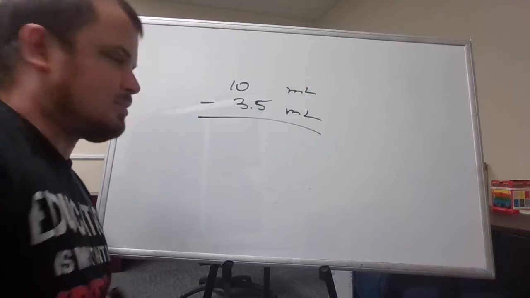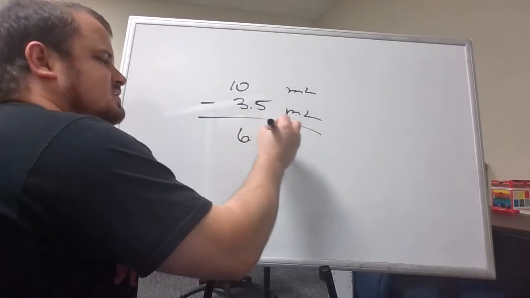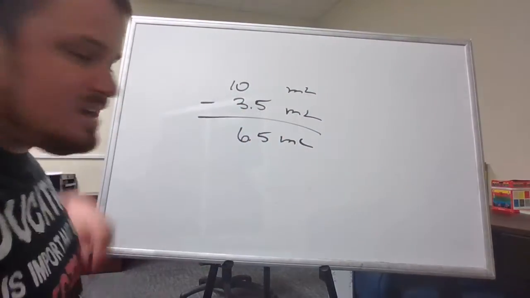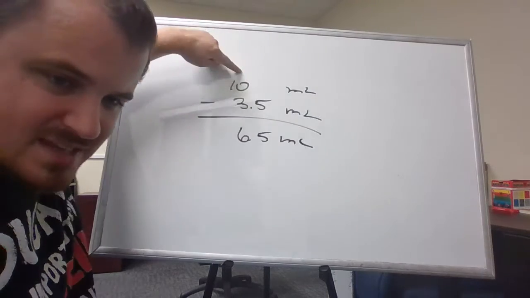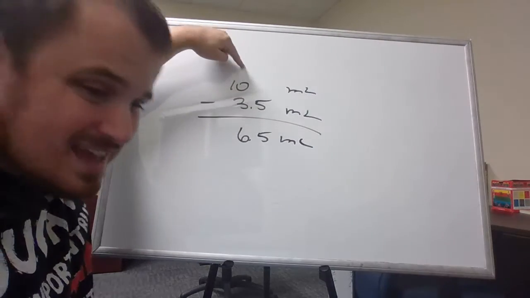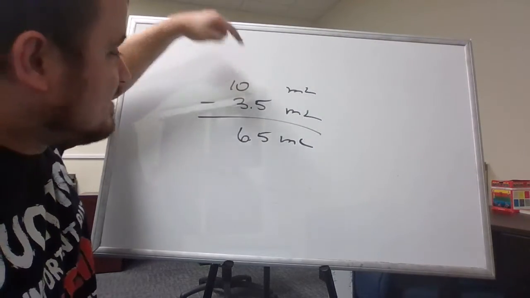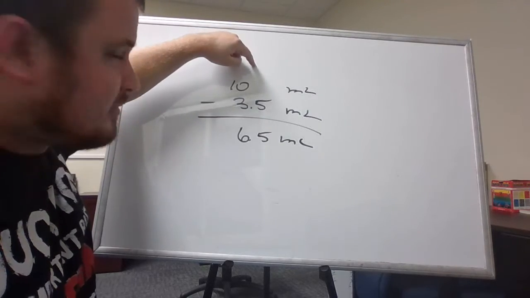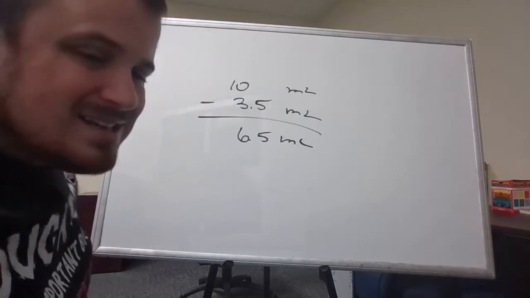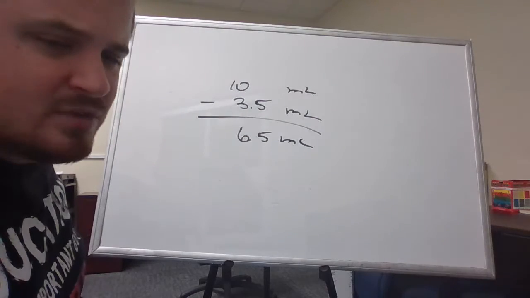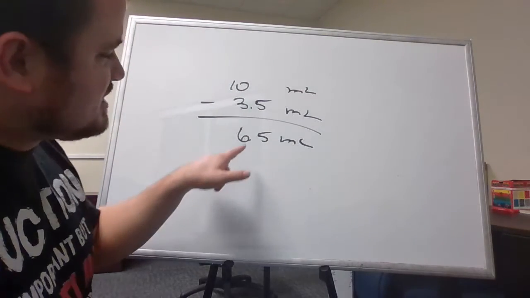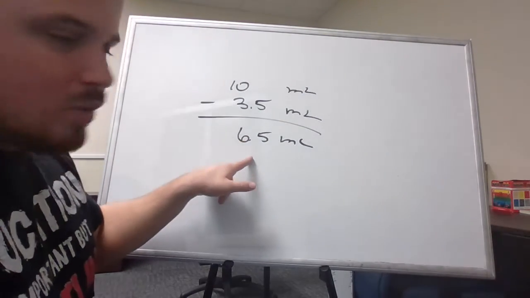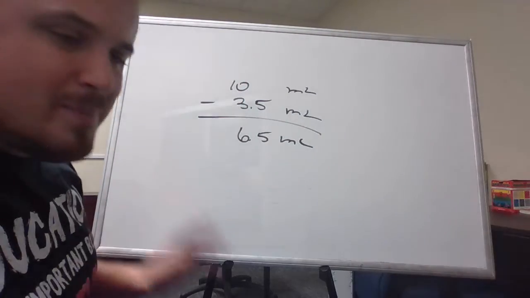So you go ahead, you do your math, you get 6.5 milliliters. However, do we know what's right there? At that 0, no. This could be 17 minus 3.5. This could be 19 minus 3.5. We don't know what's in the decimals either. It could be 19.3 minus 3.5. So for us to say with confidence it's 6.5 would be a lie. We don't know because we don't know what's right there.